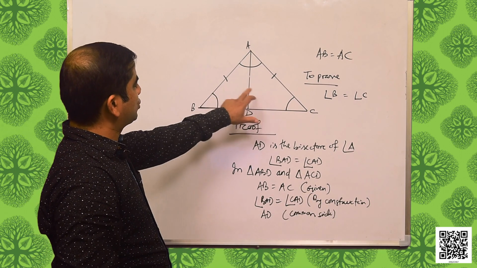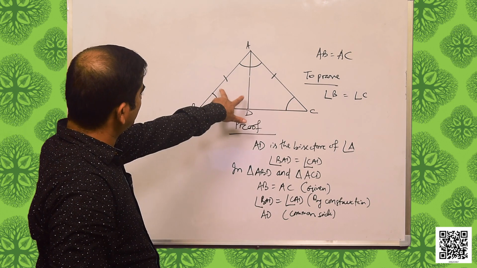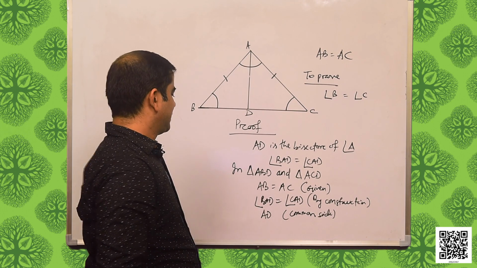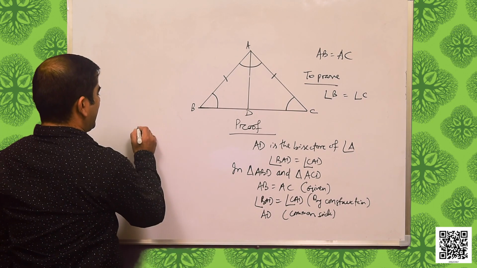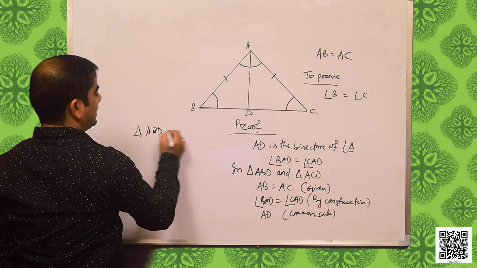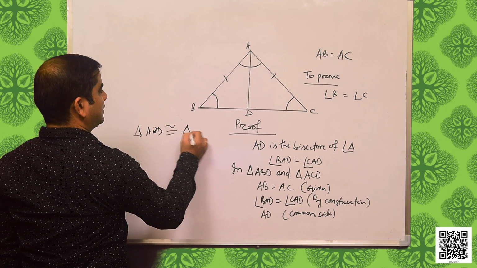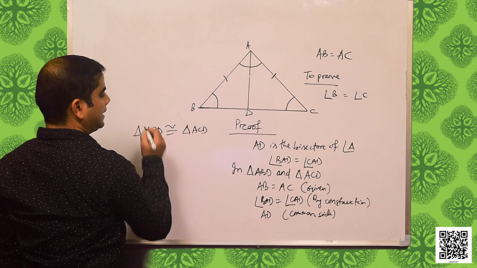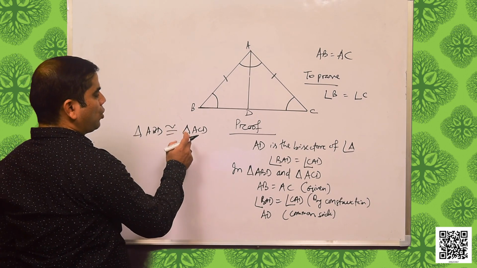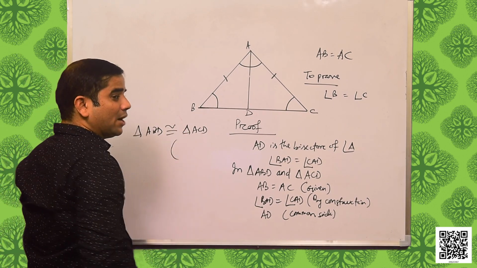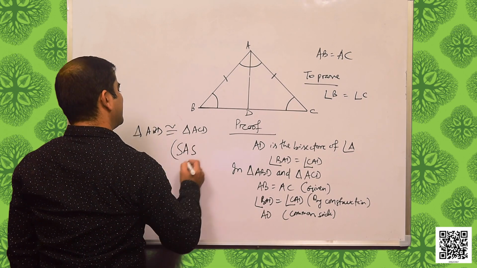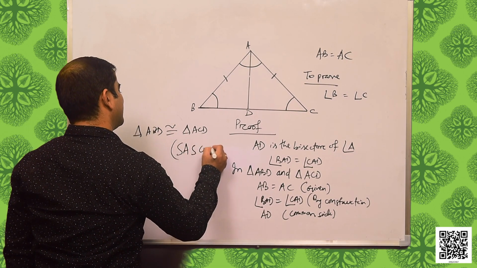So in these two triangles we have two sides and included angle equal to each other. That's why triangle ABD is congruent to triangle ACD. By which rule of congruency? Side angle side congruency.